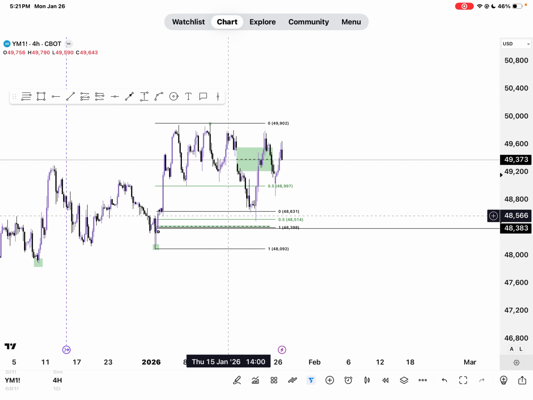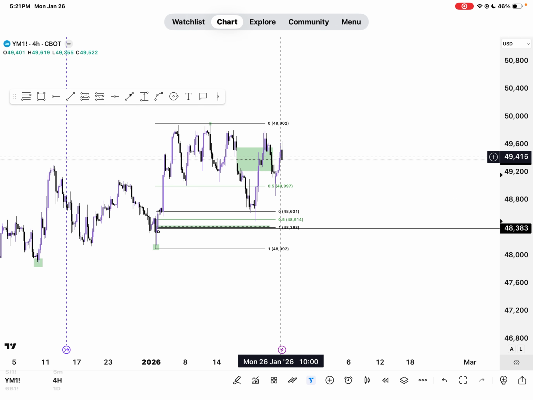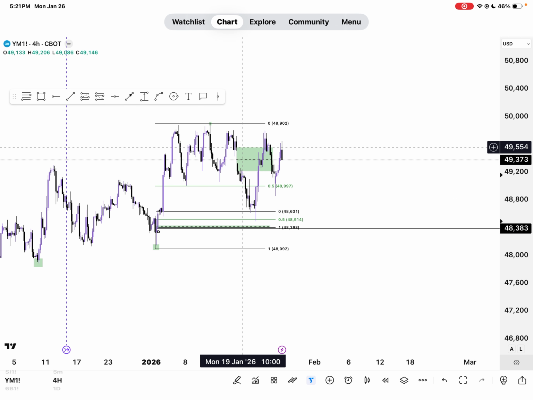And now we have mitigation of 50% of an area of interest here. I still hold on to the conviction that this area of interest can be refined into this green box that I'm looking for. And we talked about the premium side mitigation of this price gap that actually ended up failing.